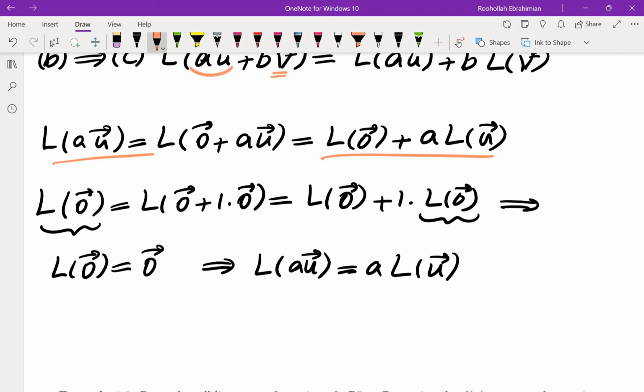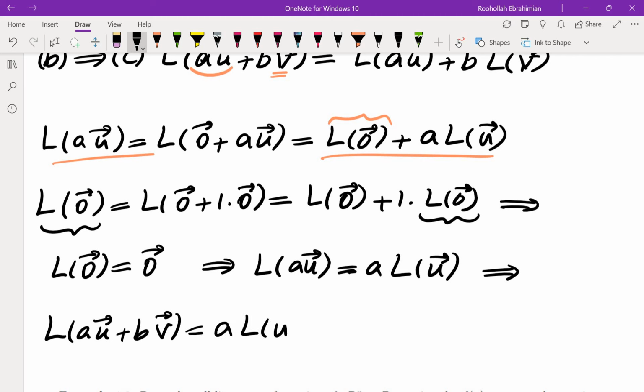So I can replace L of 0 by 0, and that would give me L of AU equals A L of U, which means L of AU plus BV is A L of U plus B L of V, which is exactly what we wanted. So that means B also implies C.